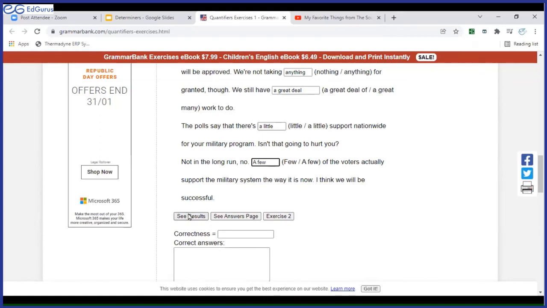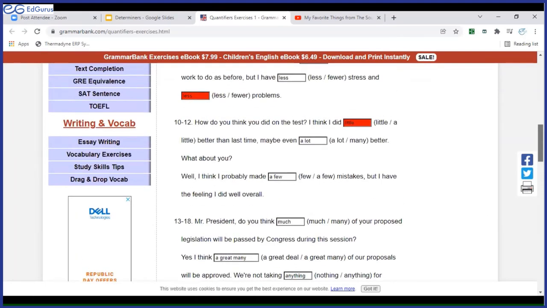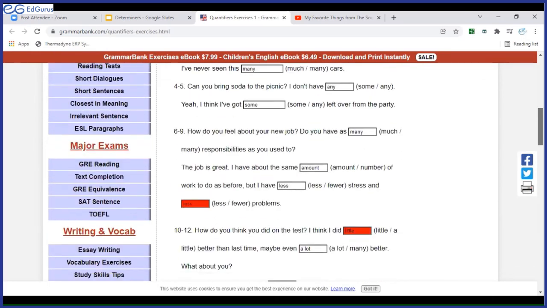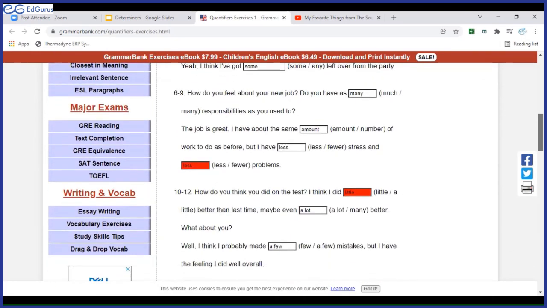Why so many? Anyway, let me just check it. Yes, here it is. The job is great. I have about the same amount, but I have less stress and less problems. Here I had the doubt when you said less problems, because problems are countable.